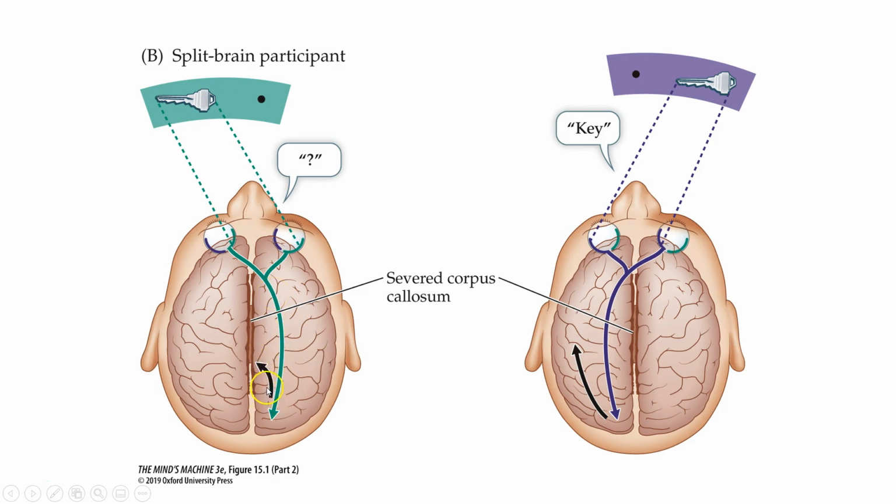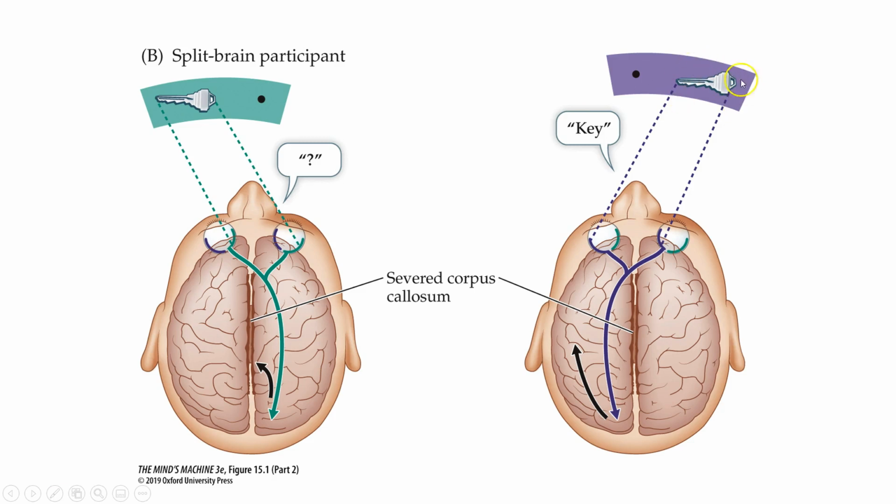Because the corpus callosum is cut, they can't get that visual information to the left hemisphere, which is where the language centers are, and they can't tell you what they saw in words. They say, I don't know, I can't say it. They don't have the words because that information can't be sent over through the corpus callosum.